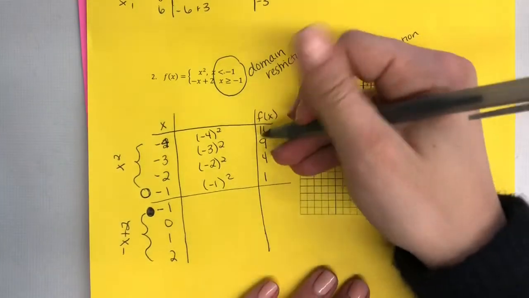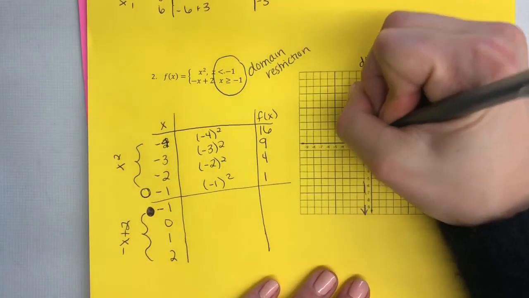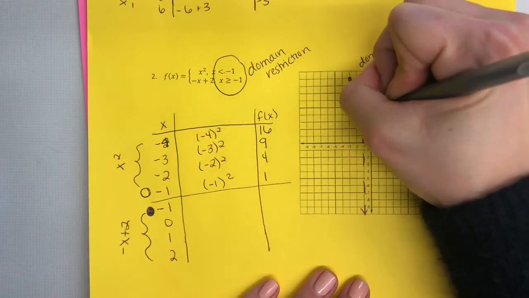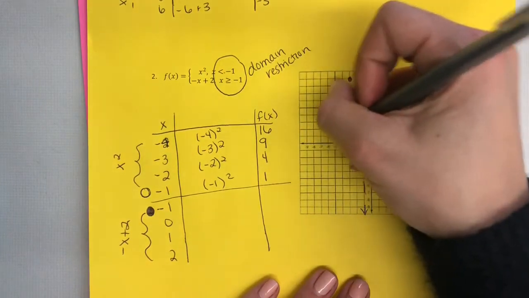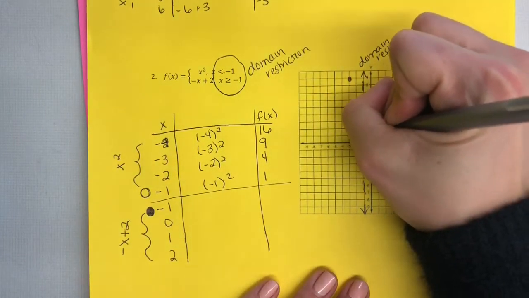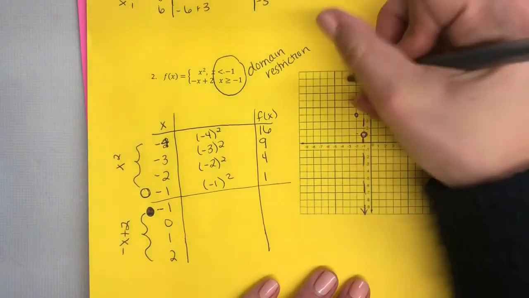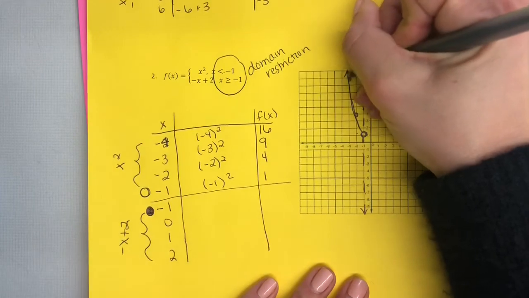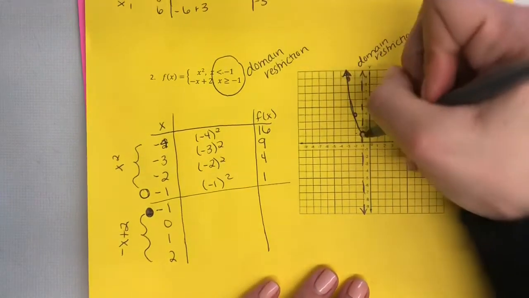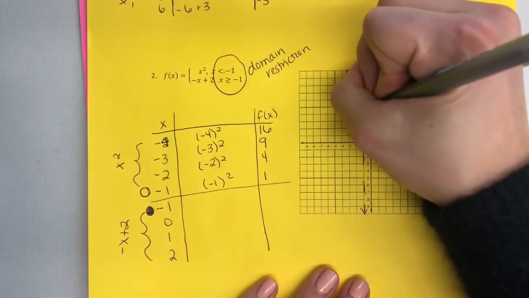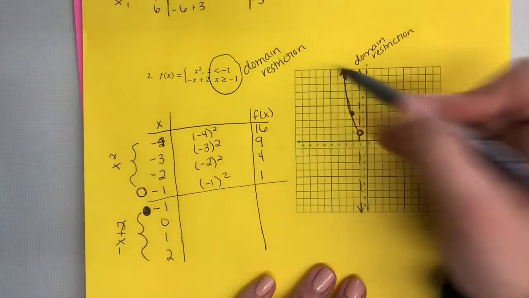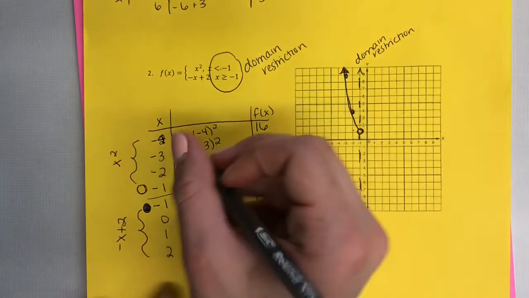Well, 16 is not going to fit on my graph, but the rest do. -3, 9, -2, 4, and then -1 with my open circle is going to go at 1. Since I know this is a quadratic function, I want to make it a little curved if I can. And it goes up and to the left because this should be going to the left. It's less than, so it goes in that direction, less than. Okay, now we do the rest.